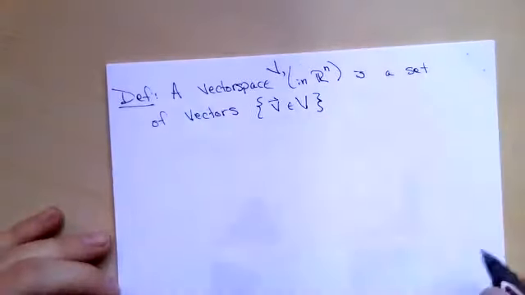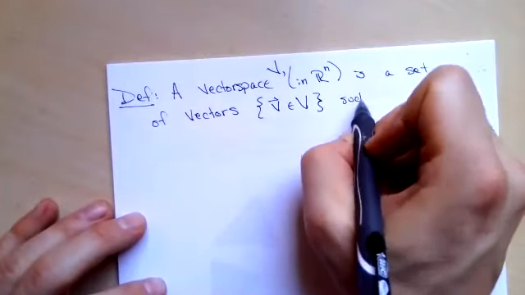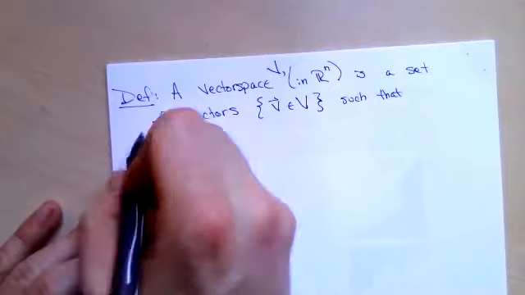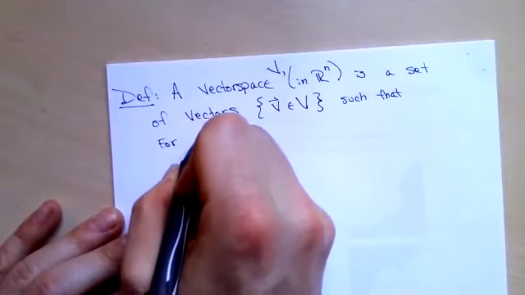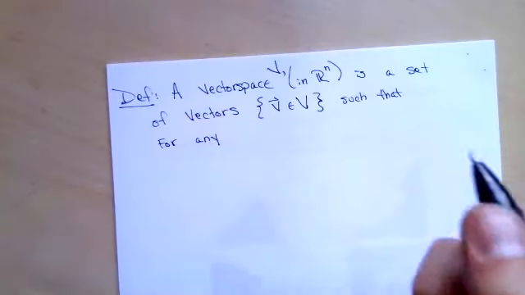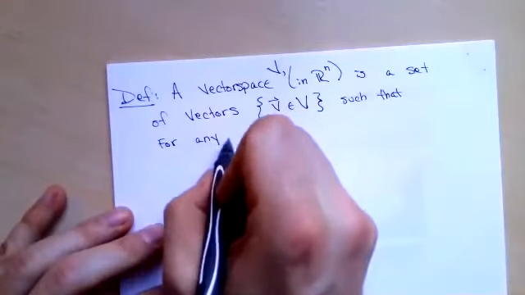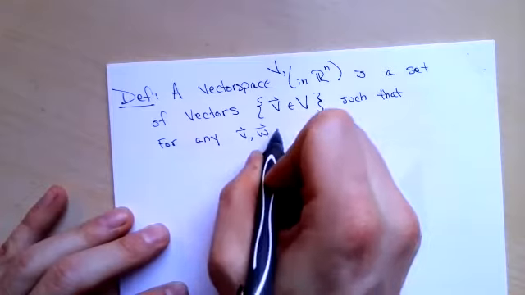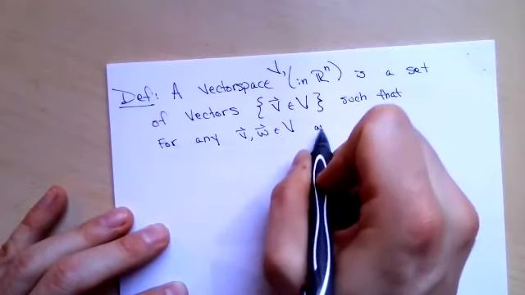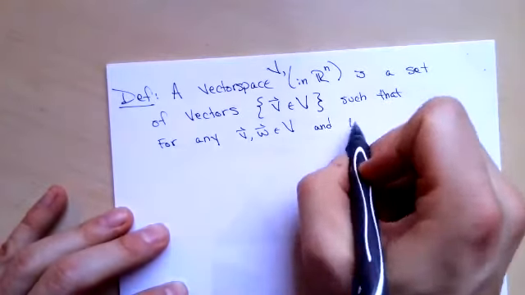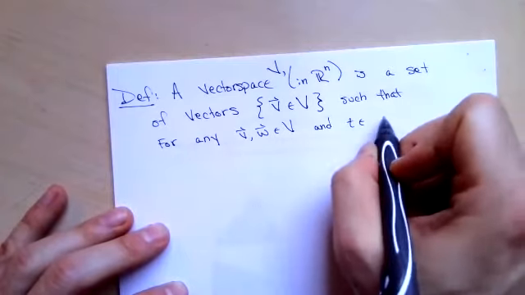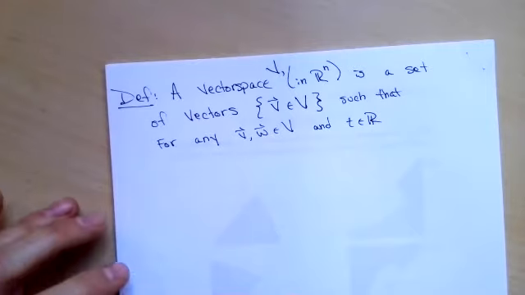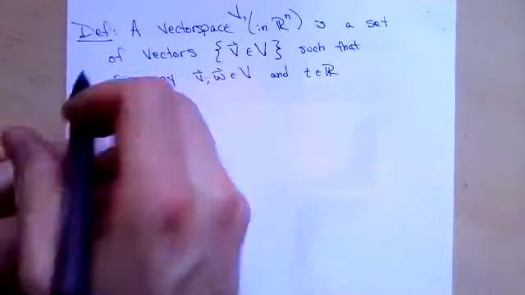So it's a collection of vectors such that for any v, w in V, and scalars in R, so any vectors in V and any scalars in R, we have the following properties.